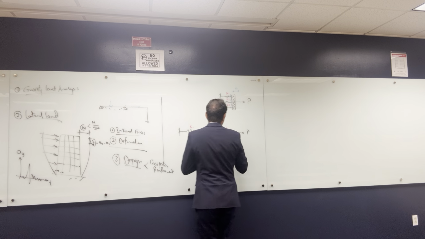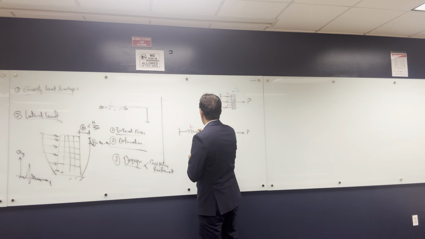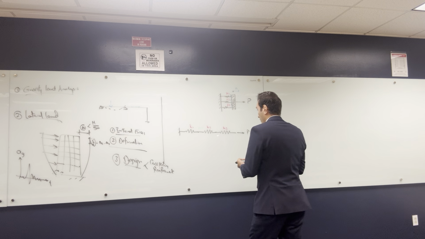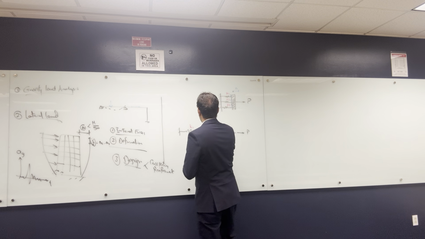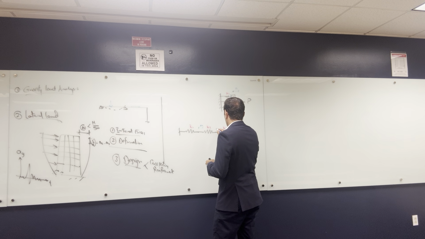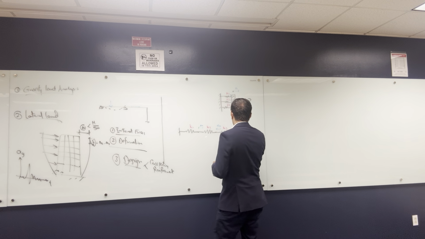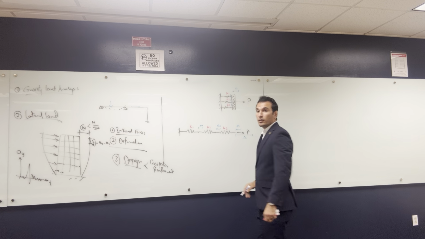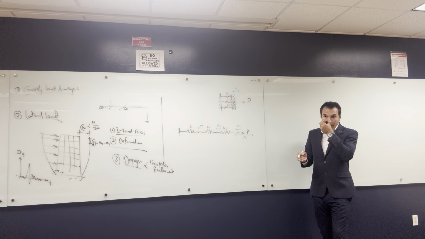Like this one, for example, what's going to happen? Okay. It's going to move delta 1, and this one is going to move delta 2, and this one is going to move delta 3, and this point is going to move the total delta of all of them. Okay?